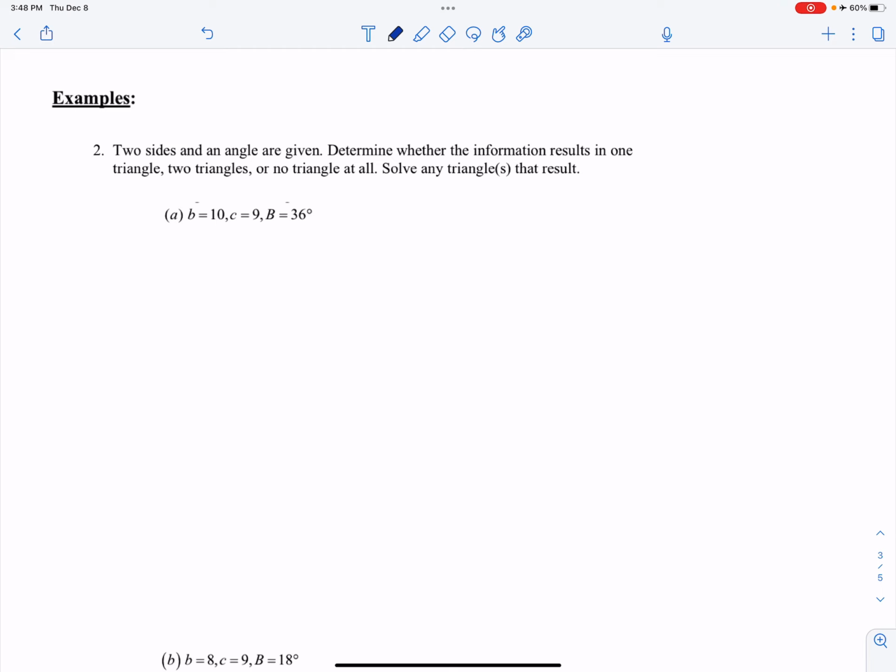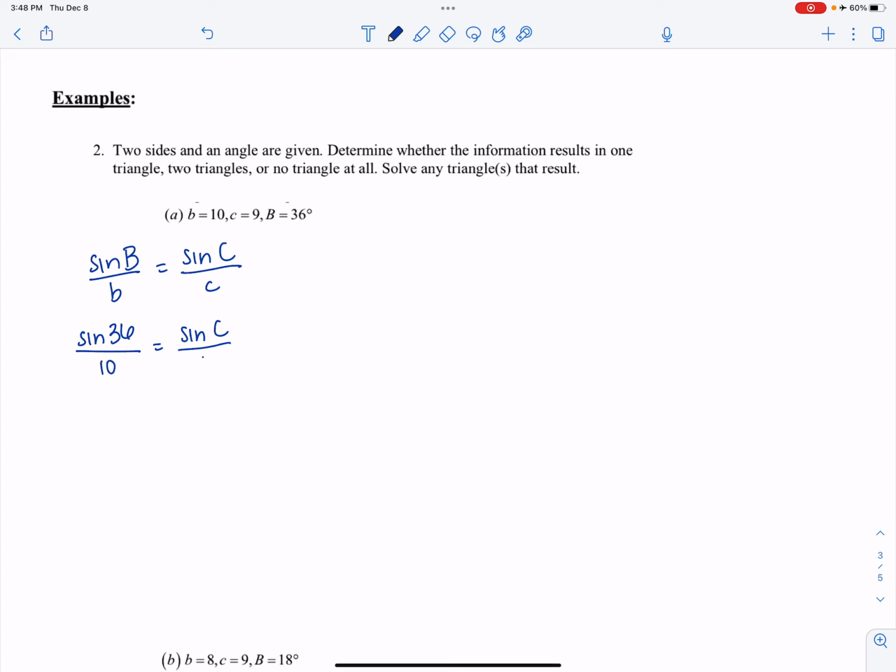So first, why don't we find angle C? I'm going to start with sine B over B equals sine C over C, because we have the side and angle for B, and we have the side for C. So this will give us sine 36 over 10 equals sine C over 9.